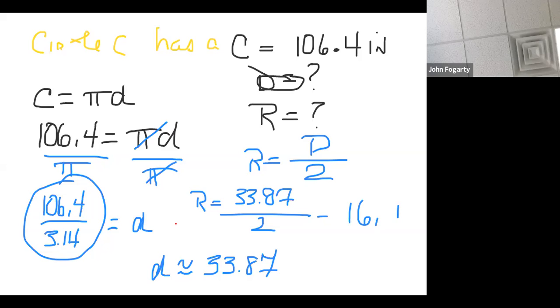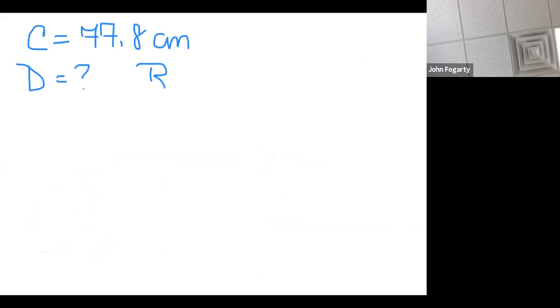All righty. Comprende? Yes, sir. All righty. Try this one on yourself. Ready? Let's see if we can get another one. The circumference of a circle is 77.8 centimeters. What's the diameter? What's the radius? Off you go.